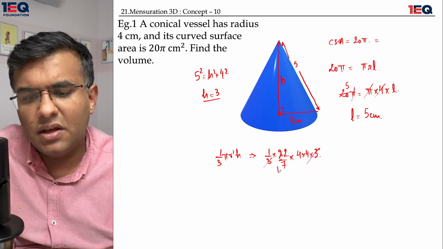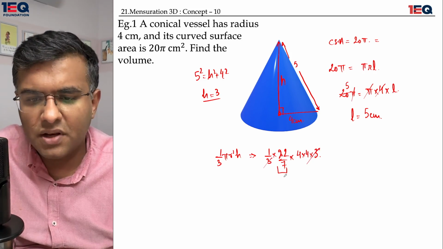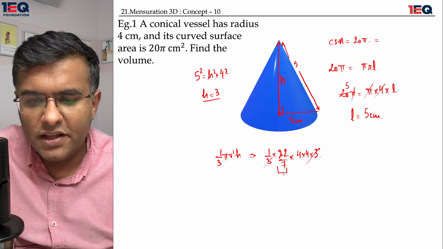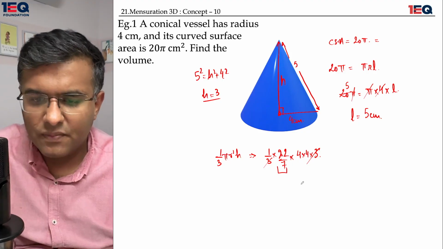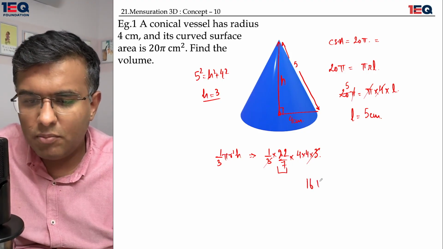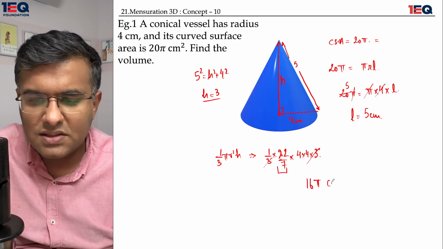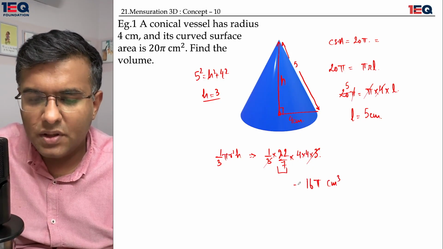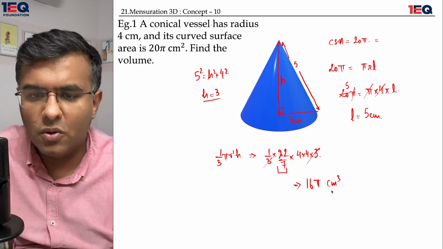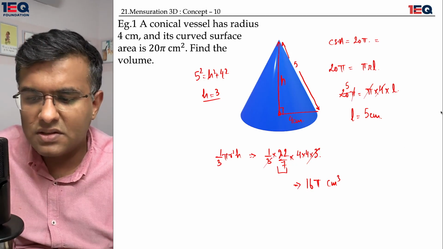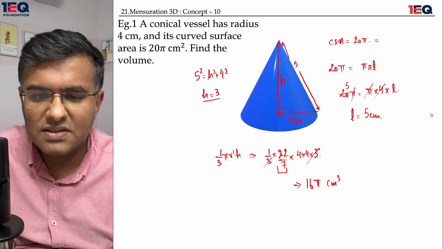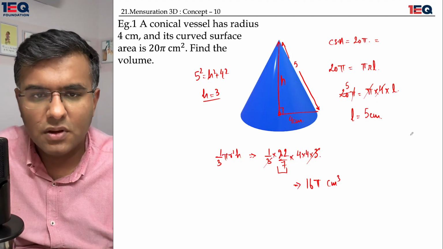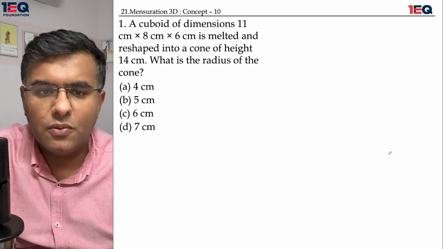I would think it will be best for everybody if we could leave the pi as it is. So 16 pi centimeter cube is the volume that I'm looking for. Okay, this is the volume that I'm looking for, and this is the answer, right? Let's go ahead now.